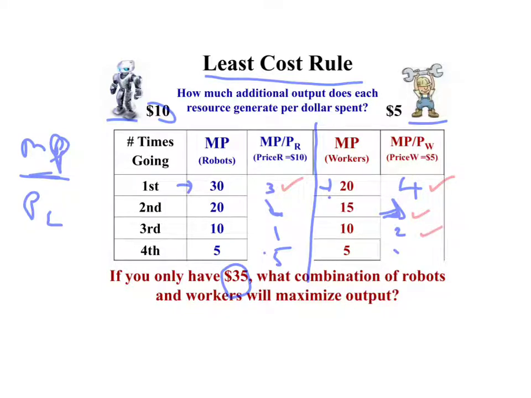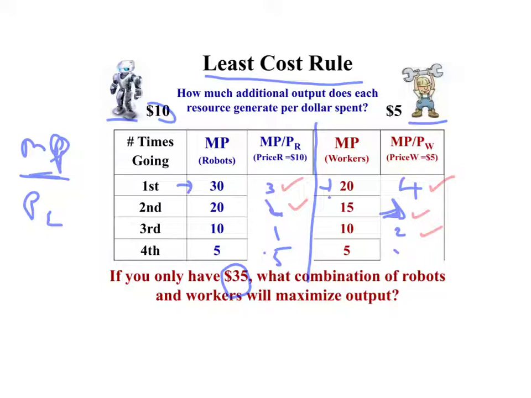They're going to continue to purchase up until the point where they're going to have 3 workers and 2 robots. They will have expended all of their $35 and they would ensure that they are following the least cost rule.